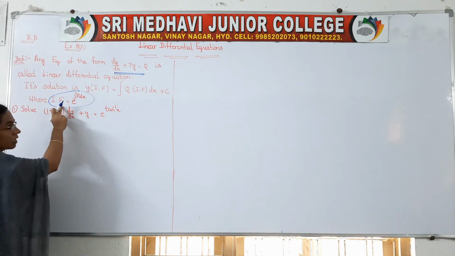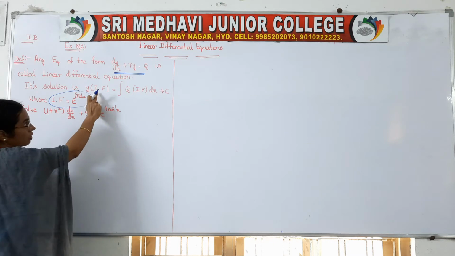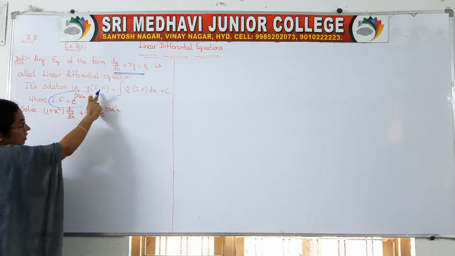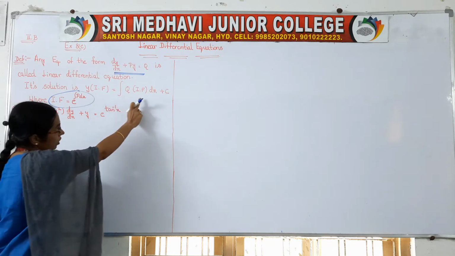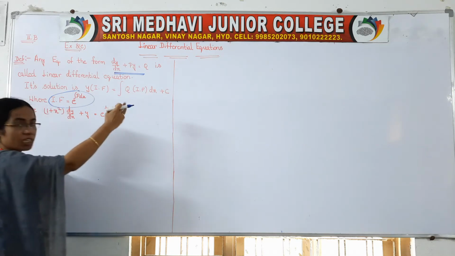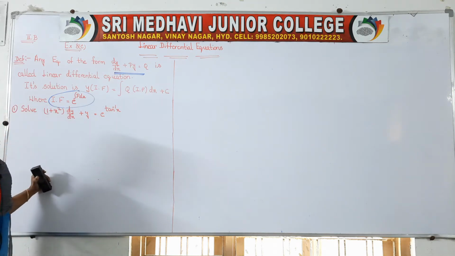Once we get the integrating factor, we will take our general solution: y into integrating factor is equal to integration of q into integrating factor into dx plus c. So the key thing is, first we have to find p and q values.